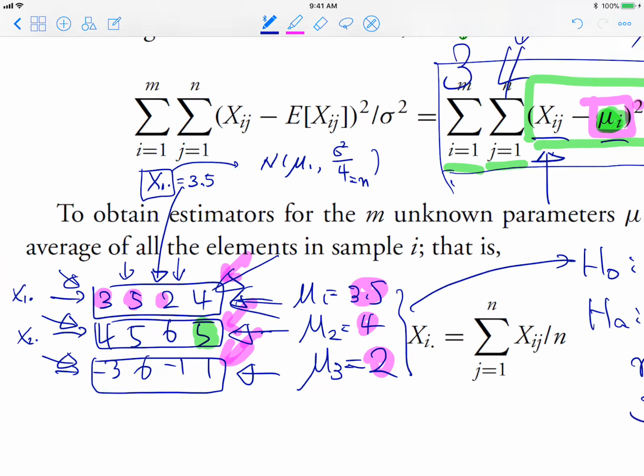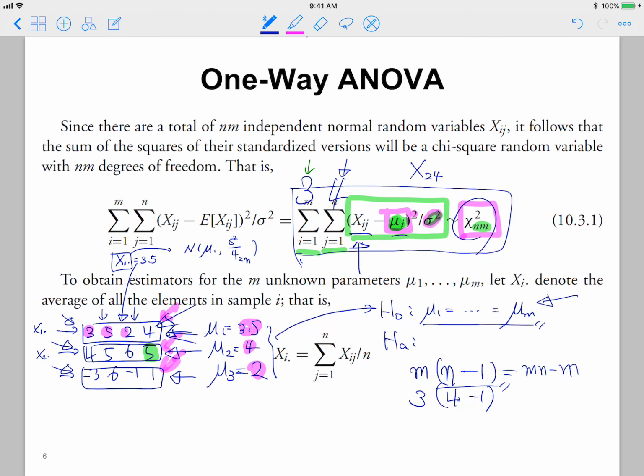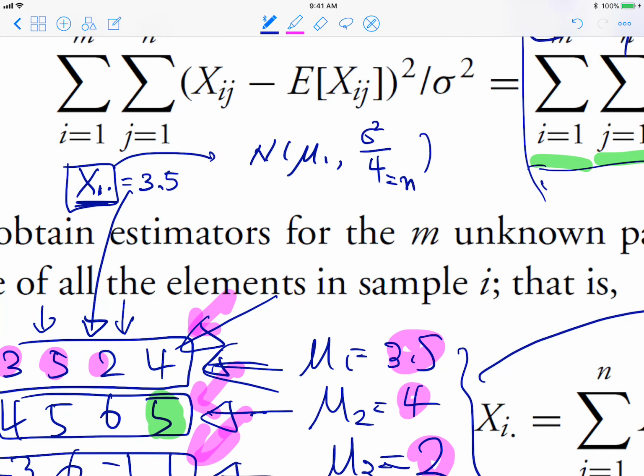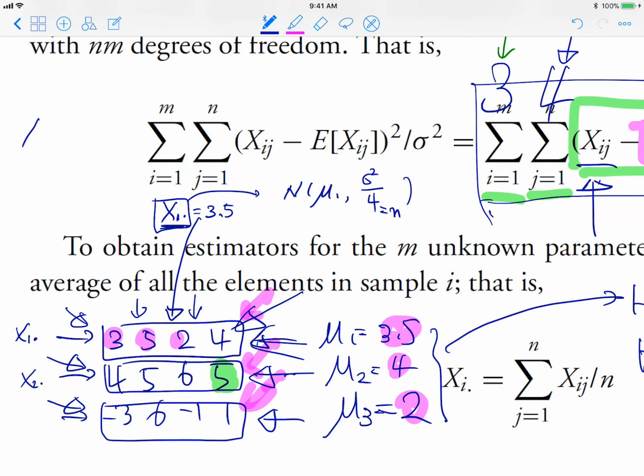Okay, so if we standardize this guy, x1 dot minus mu1, and then divided by the square root of sigma squared over 4, then this guy will follow the standard Gaussian distribution, right?